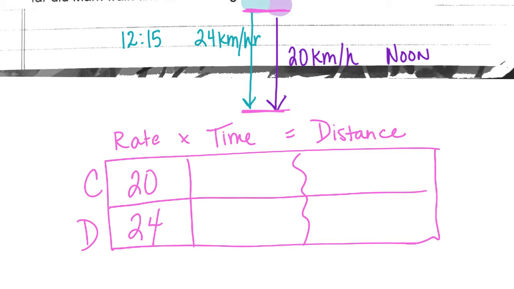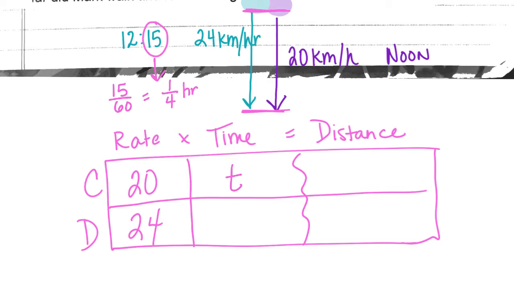Now, one of the problems we have is that we have 15 minutes, but our whole time needs to be in place of hours. So 15 minutes is equivalent to, well, 15 over 60 is equal to 1/4 of an hour. So we're going to call Carla time t. We know that she left at noon, but they're asking us how long it took Dean to catch up with her.